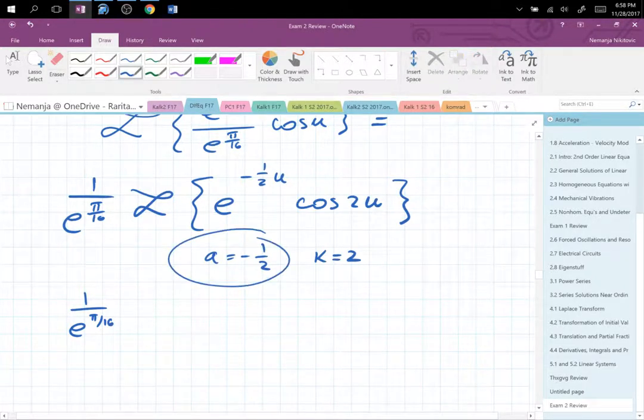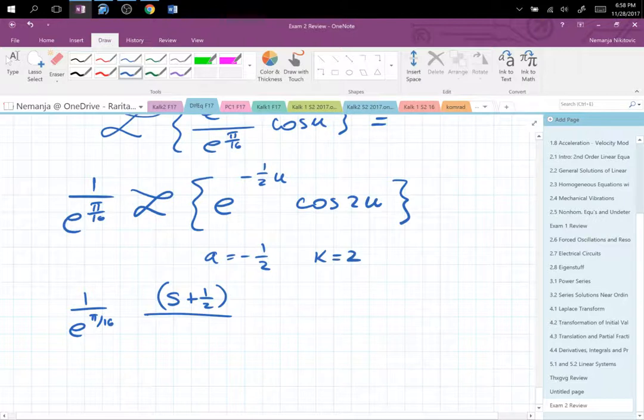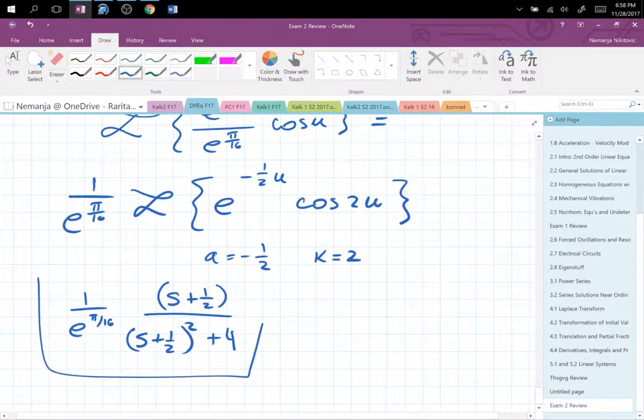So cosine 2u is s, but instead of s we have to use s plus 1/2, over s plus 1/2, everything squared, plus k squared, which is 4. So the Laplace transform is equal to all of this.